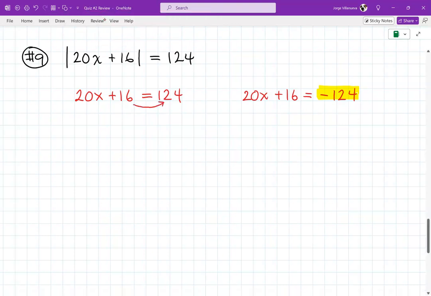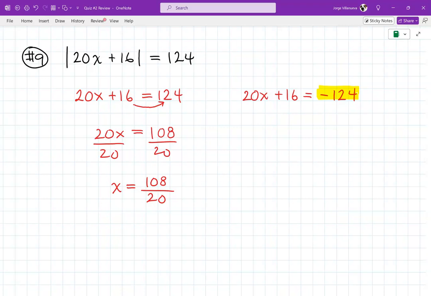If I move the 16 over there, okay, I get 20x is equal to 124 minus 16. That's 108. Okay? And then I have to divide. So if I divide both sides by 20, I don't have a calculator with me, but here's the answer I would get, but I would expect you guys to reduce that.